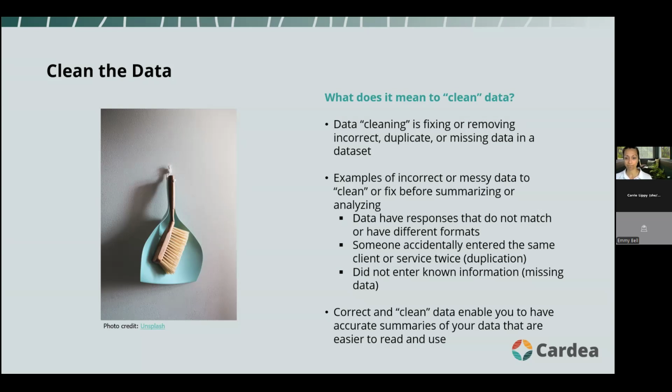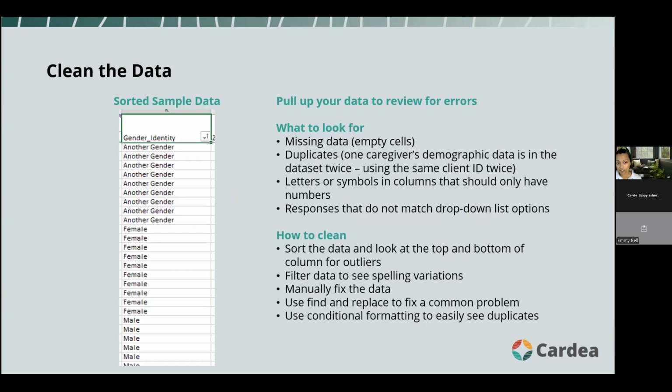So when approaching cleaning data, there's a few things that you can look for and a few ways you can approach cleaning. So you're pulling up your data and reviewing it for those errors. You might be looking for things like empty cells, which would let you know there's missing data, or duplication.